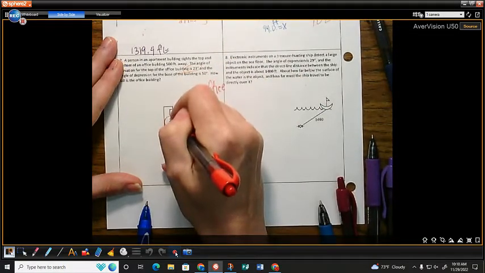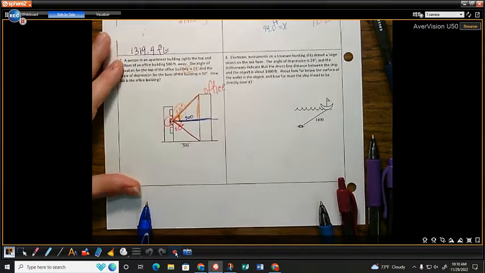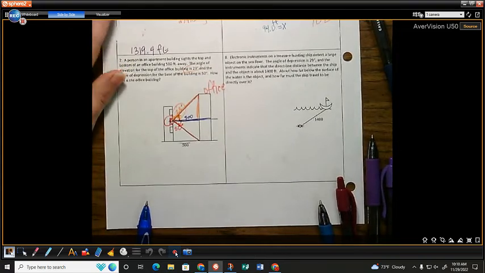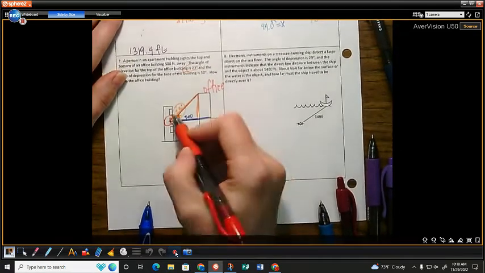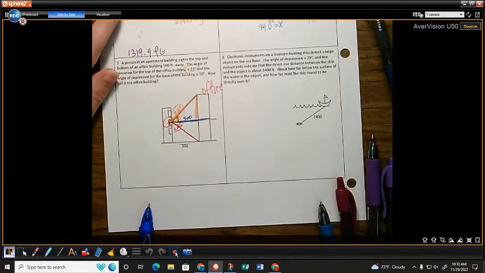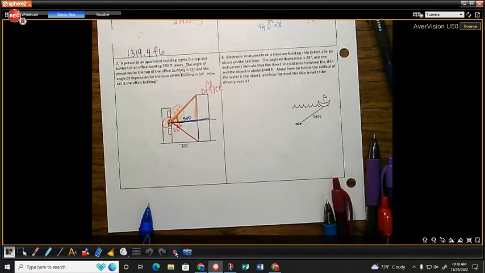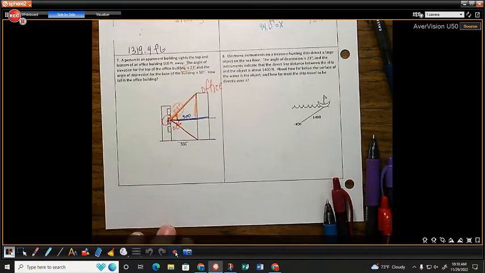Here's your little creeper dude looking out the window, measuring all the crap. And he's looking up, and he's looking down. So for some of these, you're going to have to use common sense to figure out what is happening in the picture. Because the trig part's going to be the simple part. Setting it up is going to be the hard part.